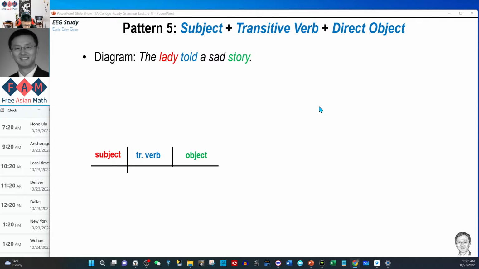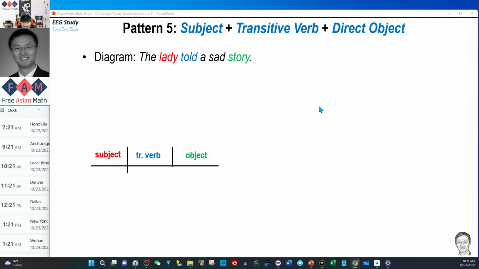We have the first, the normal vertical bar which goes across the main line to separate the subject and the verb. To the right of the verb, notice that this is a so-called transitive verb. A transitive verb must have an object, and usually we call that the direct object, because as we will learn later, we also have a second object called the indirect object.